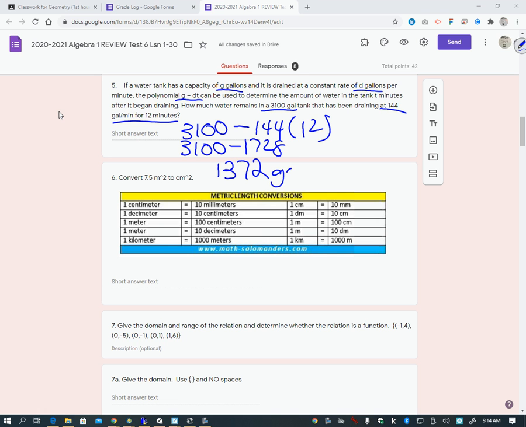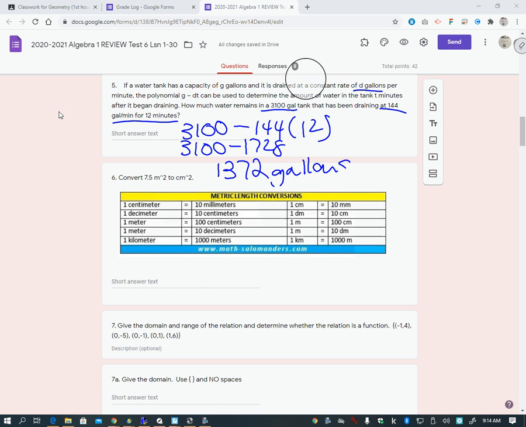Gallons. All right? That's going to cost a bunch of you on the test. It's not that you can't do the math, but we have to have labels on these things. Otherwise, I could be a real jerk and say 1,372 what? Liters? Milliliters? What are we talking about here? Okay?